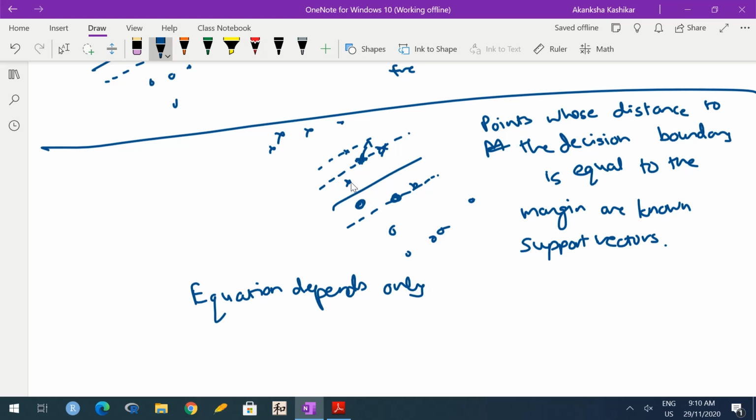Remember, if I add a new point whose distance is less than m, the equation is definitely going to change because the margin would have to be shortened. So the equation depends only on the support vectors. As a result, it depends on very few vectors, and hence it is more or less stable. If you change a support vector, it might change drastically.